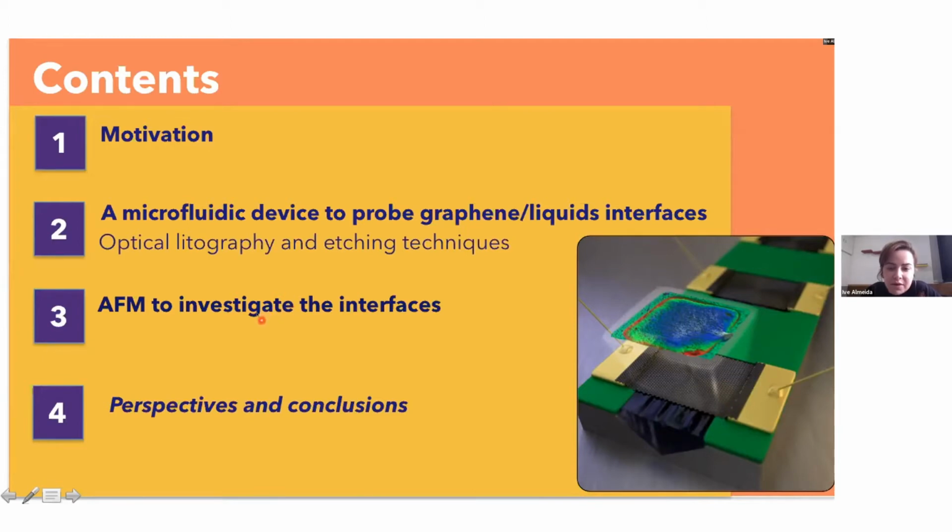Third, I'm going to present some results of our nano indentation experiments. We'd like to study the mechanical behavior of two types of interfaces, graphene-water and graphene-oleic acid, and finally present conclusions and perspectives.